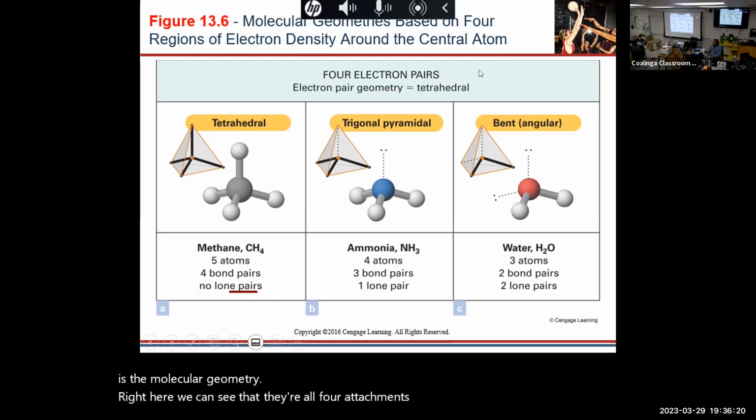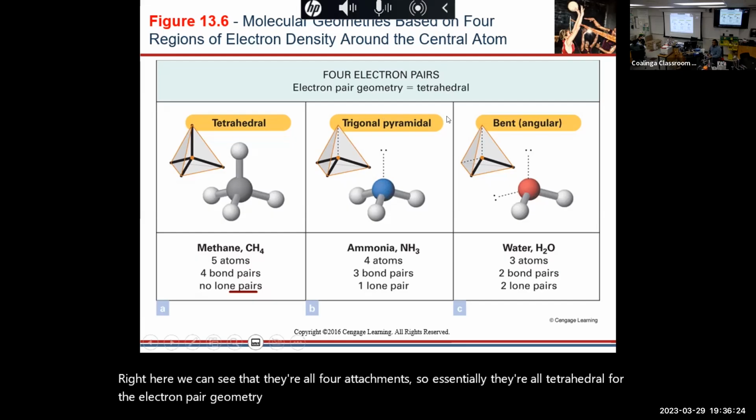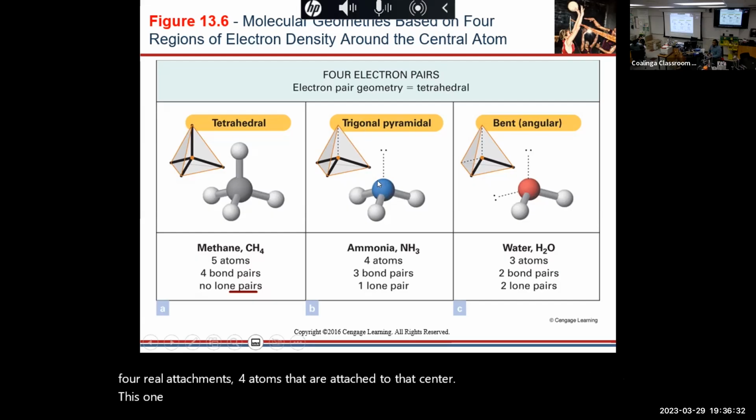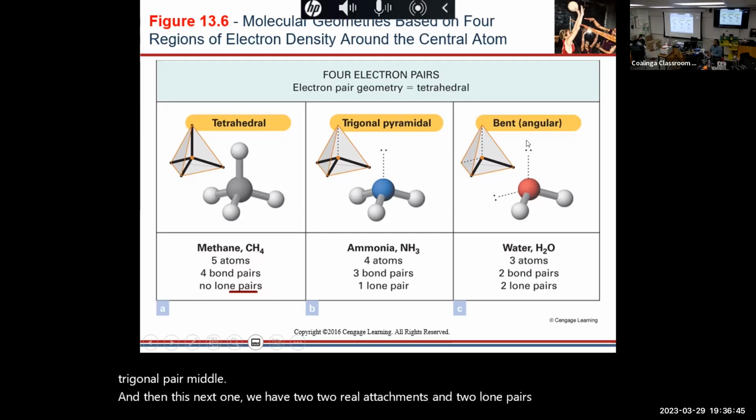So essentially, they're all tetrahedral for the electron pair geometry, but their molecular geometries are different because here we have 4 real attachments, 4 atoms that are attached to that center atom. This one, we have 3 attachments, and then we have the lone pair. And then the next one, we have two real attachments and two lone pairs. So that one is going to be bent.